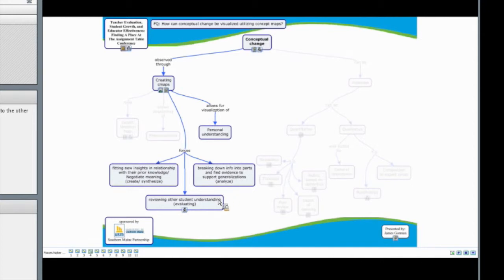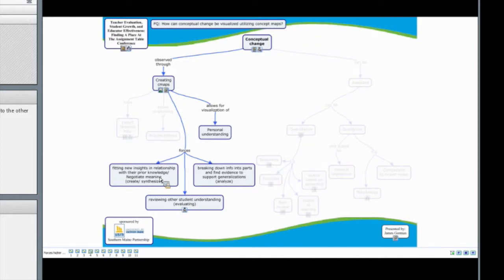And then when they're looking at those concepts as a whole, they can maybe see connections between them. So fitting new insights into relationship with prior knowledge. As we go through a unit in physics, we're learning about objects that fall.